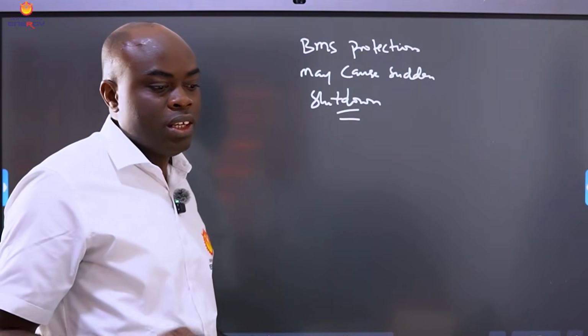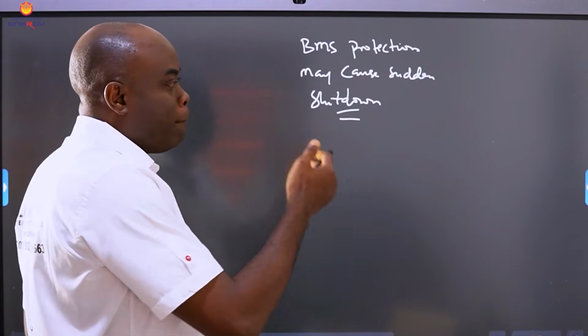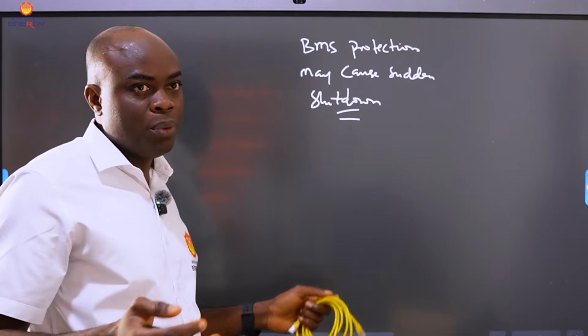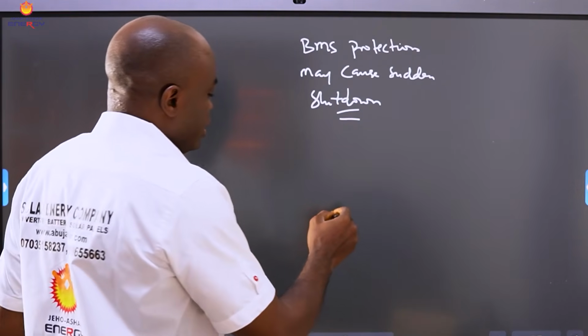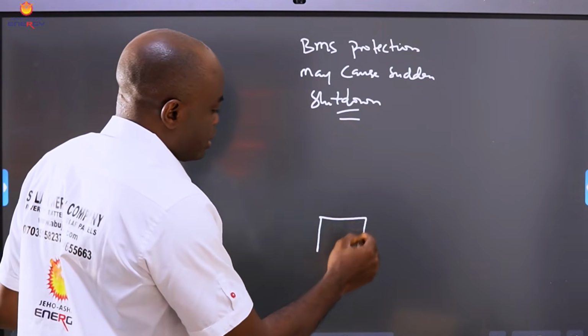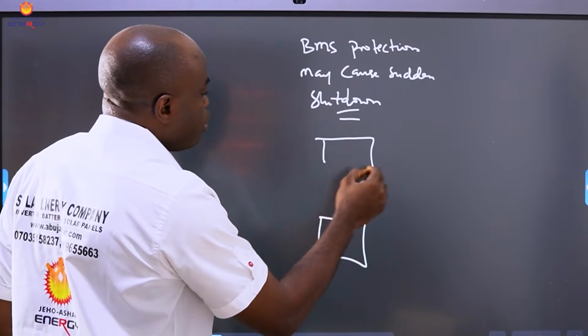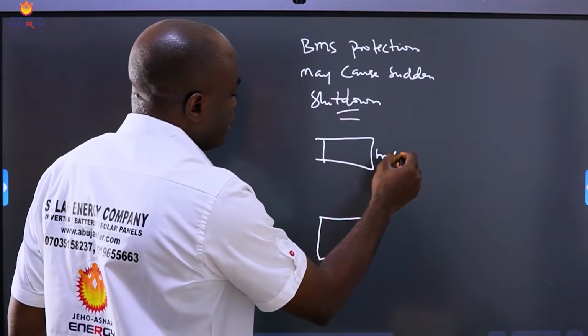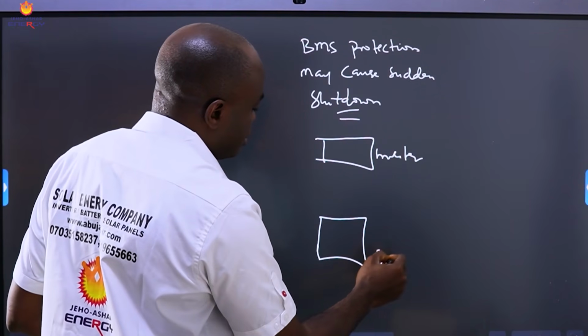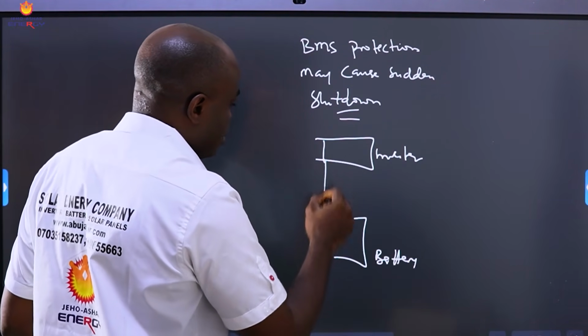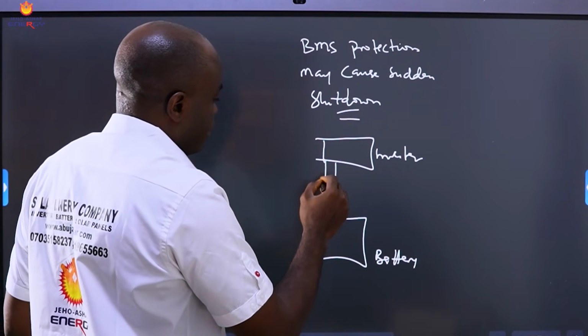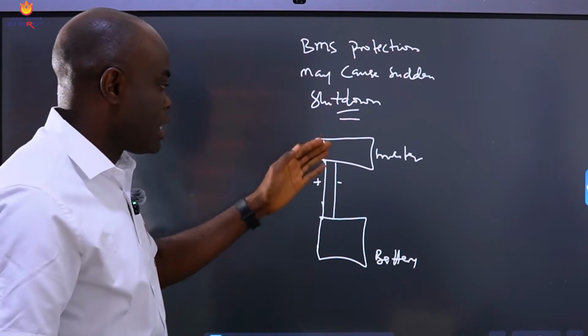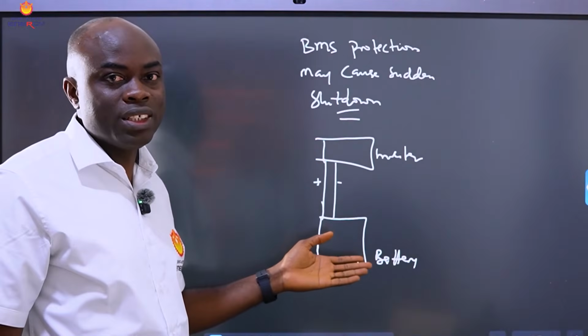It does that to protect your battery from damage. Because, for example, imagine your battery is being overcharged because you don't have a communication cable connected between your inverter and your battery. You just have this positive, negative connected and it's being overcharged, right?